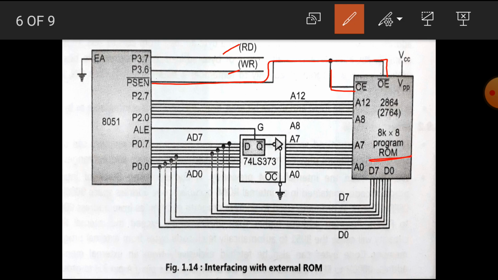We know that the ROM is the memory in which we can only read data. Hence, there is no need to write data. There is only PSEN connected directly to the output enable and chip enable pin.